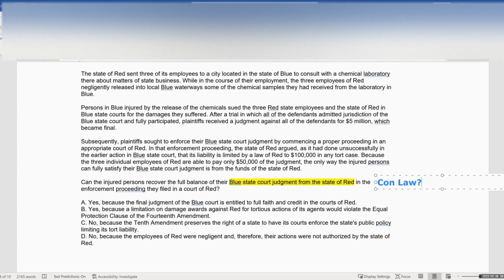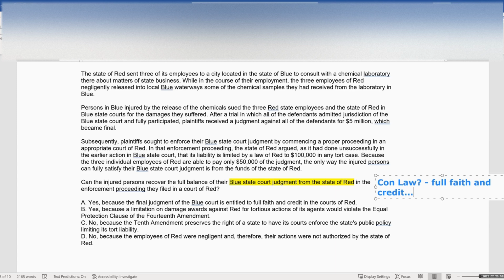That is triggering to me the full faith and credit provision. And this is a fairly straightforward rule that my answer immediately would be yes, they can, because every state needs to give full faith and credit for the laws of other states. And in this case, a judgment, it sounds like they're trying to enforce a judgment from blue state in red state. And the answer should very clearly be yes.